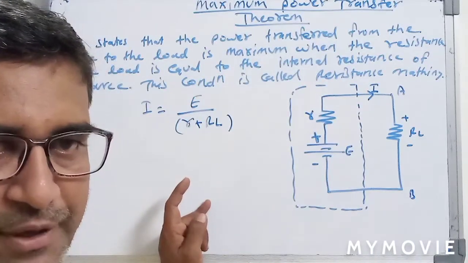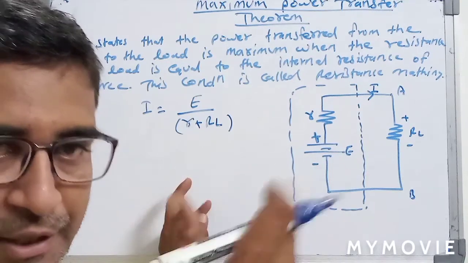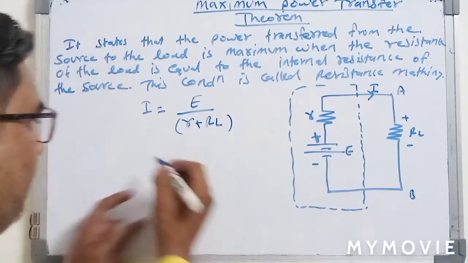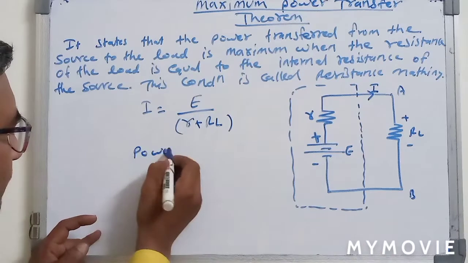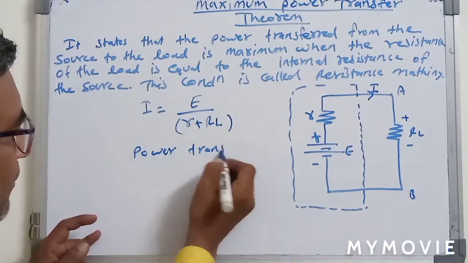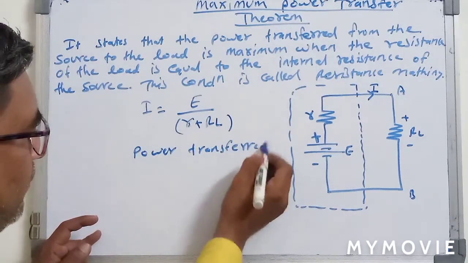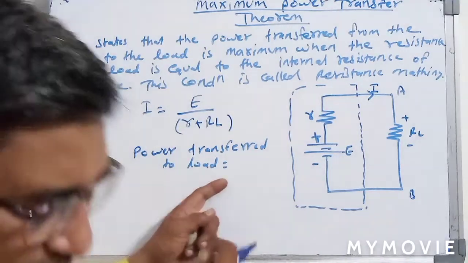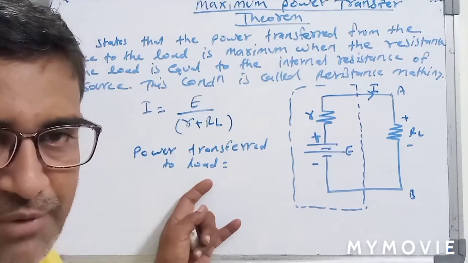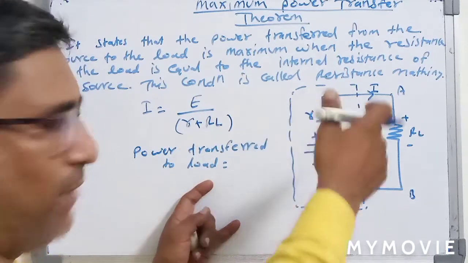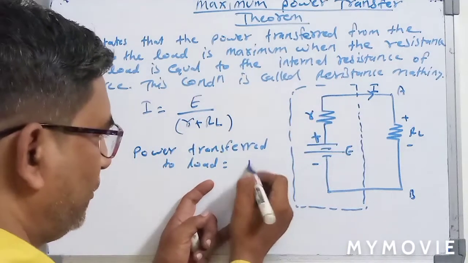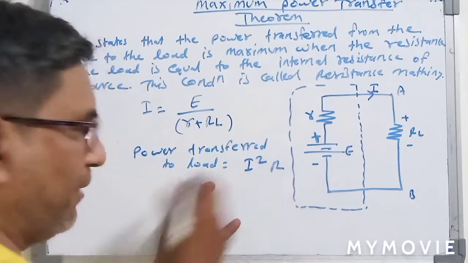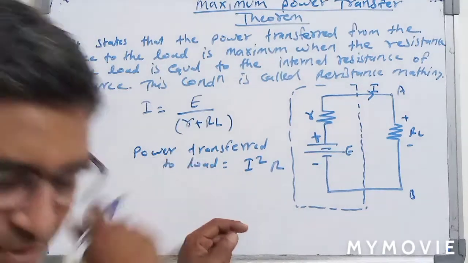It is I square RL. This is the first consideration.